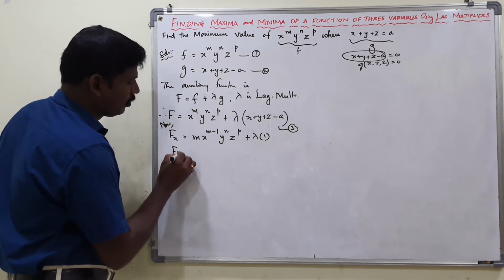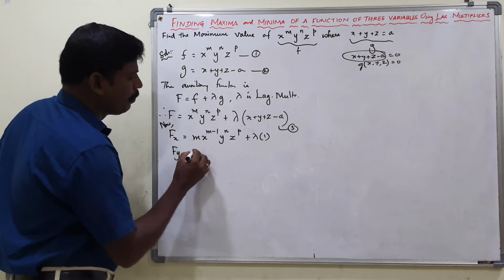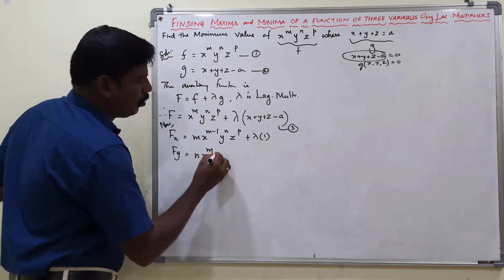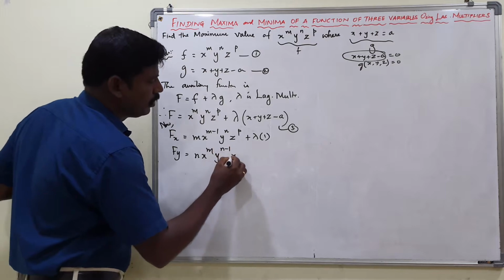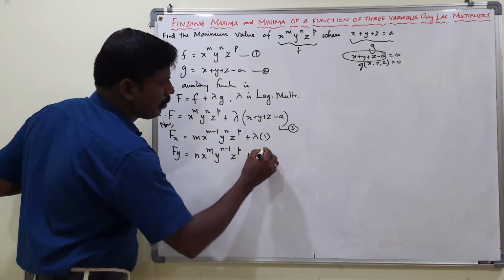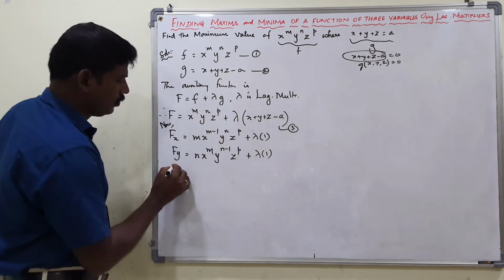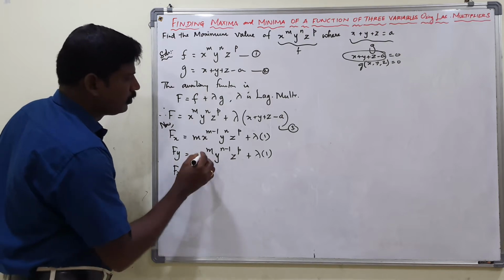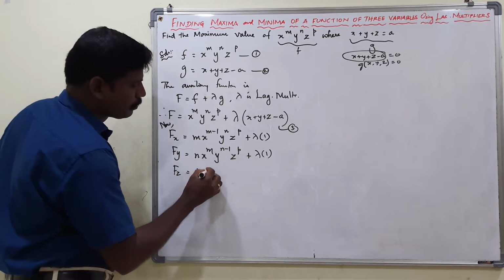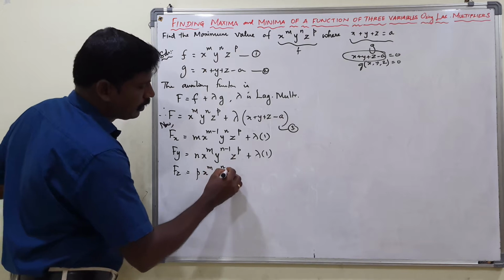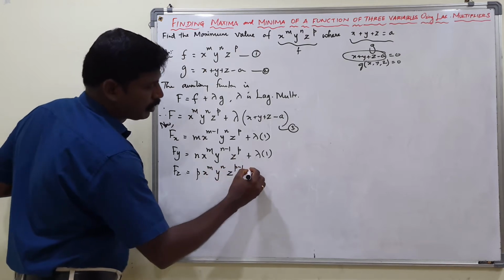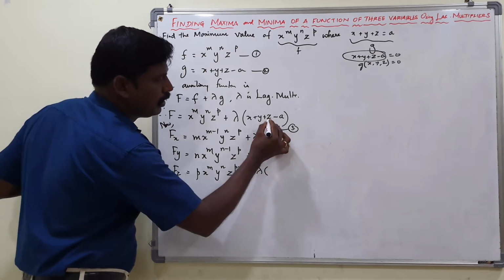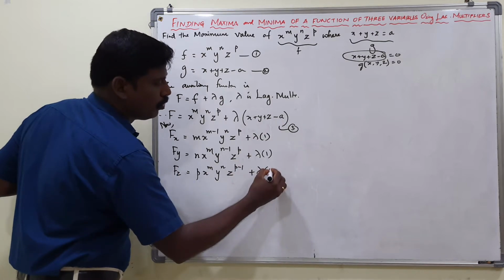What is Fy? y power n becomes n into y power n minus 1. So n into x power m y power n minus 1 z power p plus lambda into 1. What is Fz? Same like that: p into x power m y power n z power p minus 1 plus lambda into 1, all the other terms become 0.